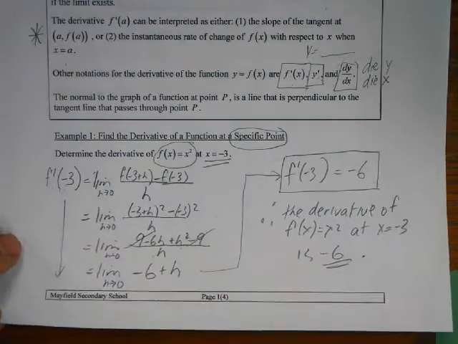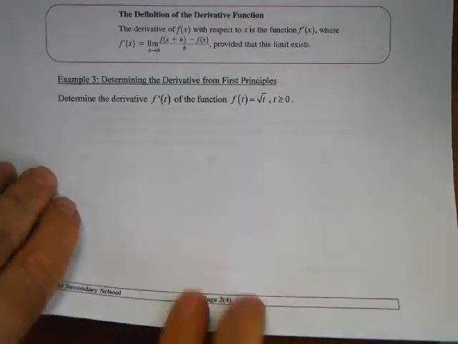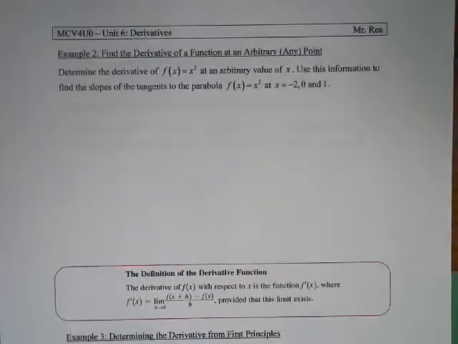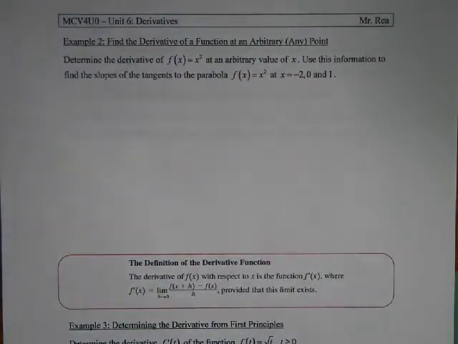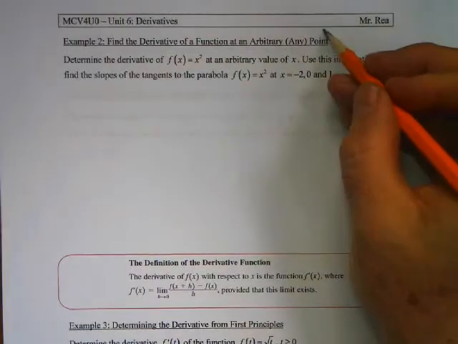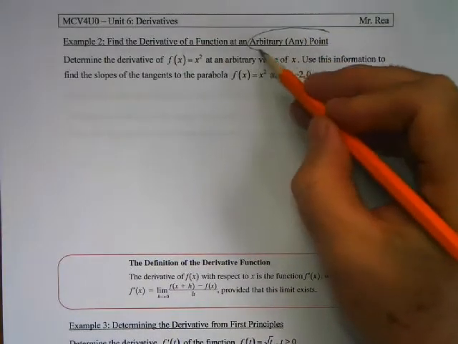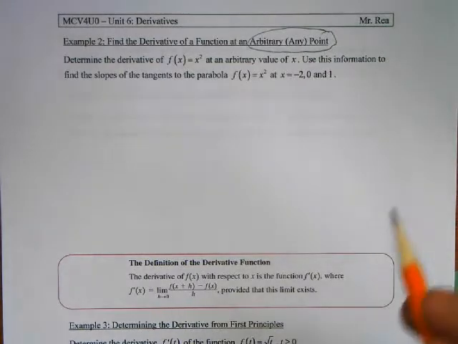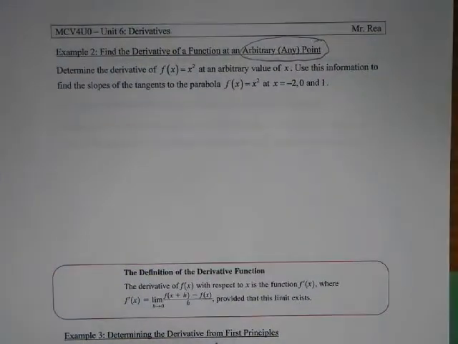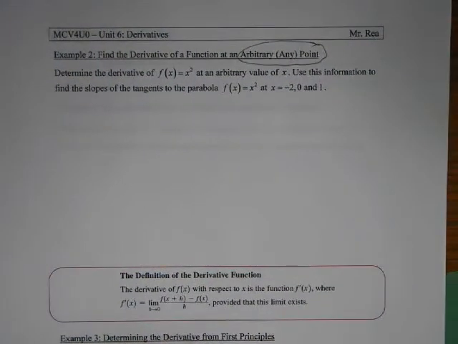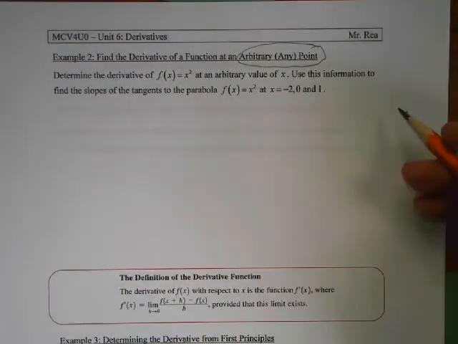Okay, so the next example, similar type question, except this time we're not looking at a specific point, we're looking at what we call an arbitrary point, which really means any point. So instead of plugging in -3 for x, we would just keep the x, and you've done this before. This would be called the general slope formula, the general tangent formula.